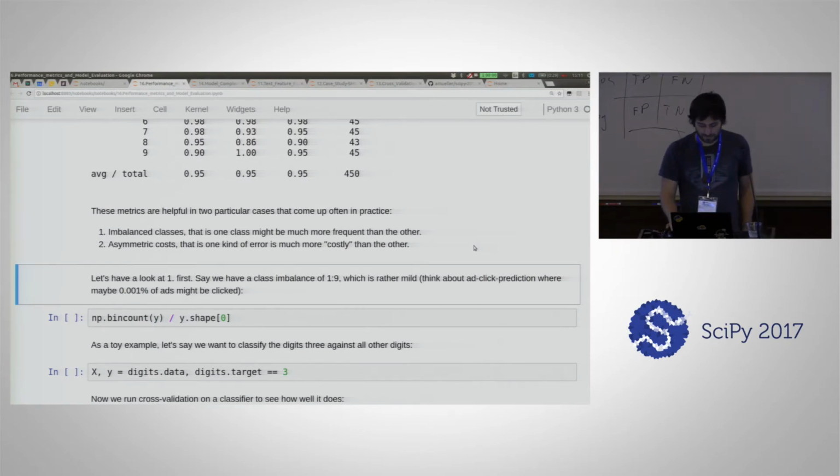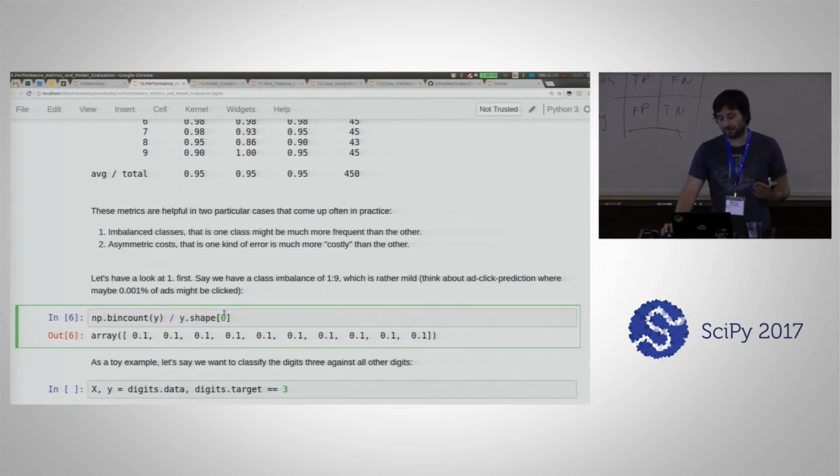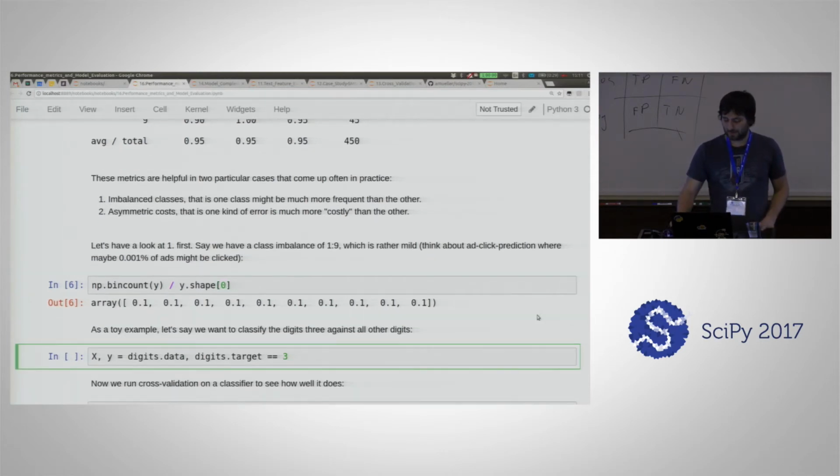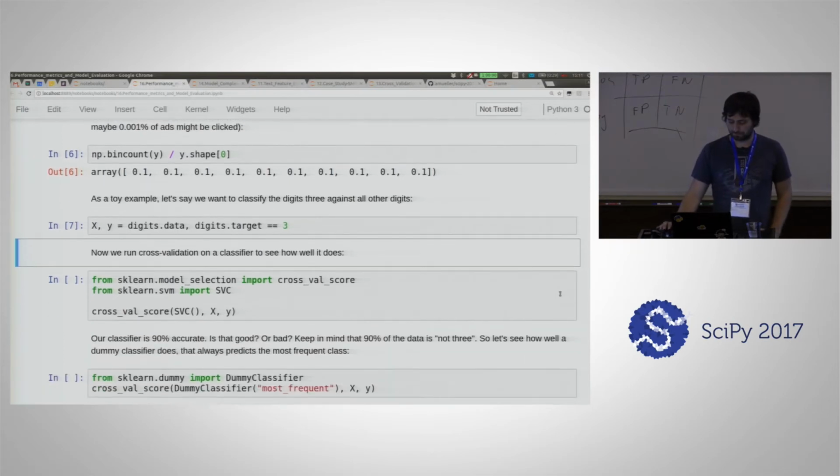As an example, for the digits data set, by default it's more or less balanced, where 10% of the data belongs to each of the classes. Let's say we make a very imbalanced data set where we look at 3 versus all the rest. Now we have a 9-to-1 imbalanced data set.